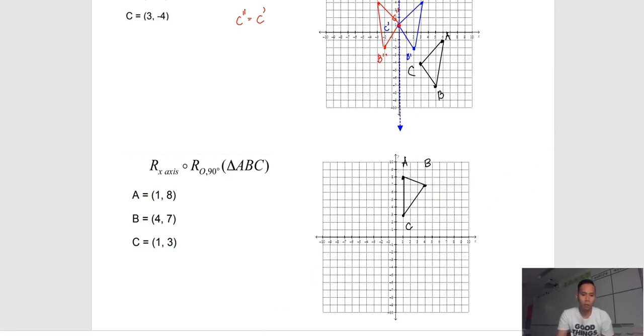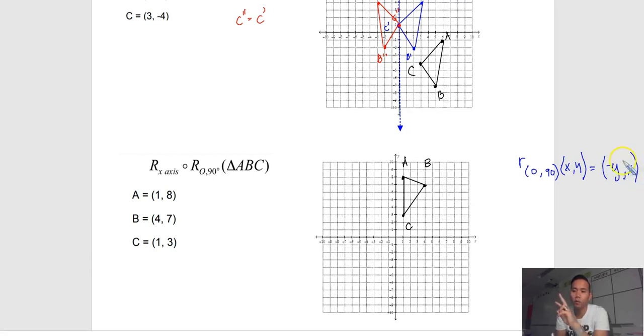Next, what we are going to do first is rotate this one 90 degrees. Rotation along the origin by 90 degrees, I'll repeat, we have to follow the rule that we discussed before: if it is 90, your x will become, you flip the position, and it will become (-y, x).